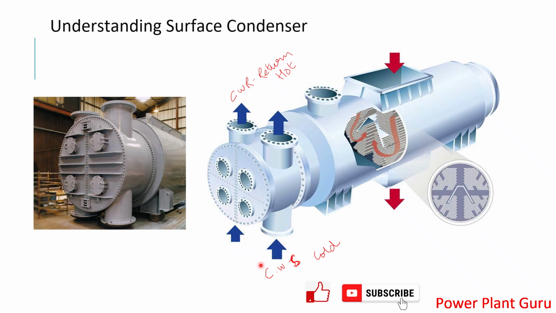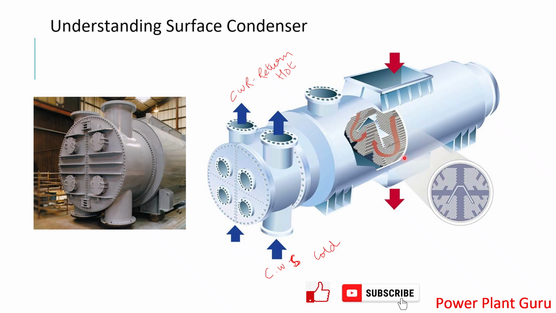Cooling water will go here and it will go like this. In these smaller tubes, the cooling water will flow. And here, this is called the water box. This will be half partitioned. So cooling water will go like this inside these tubes.